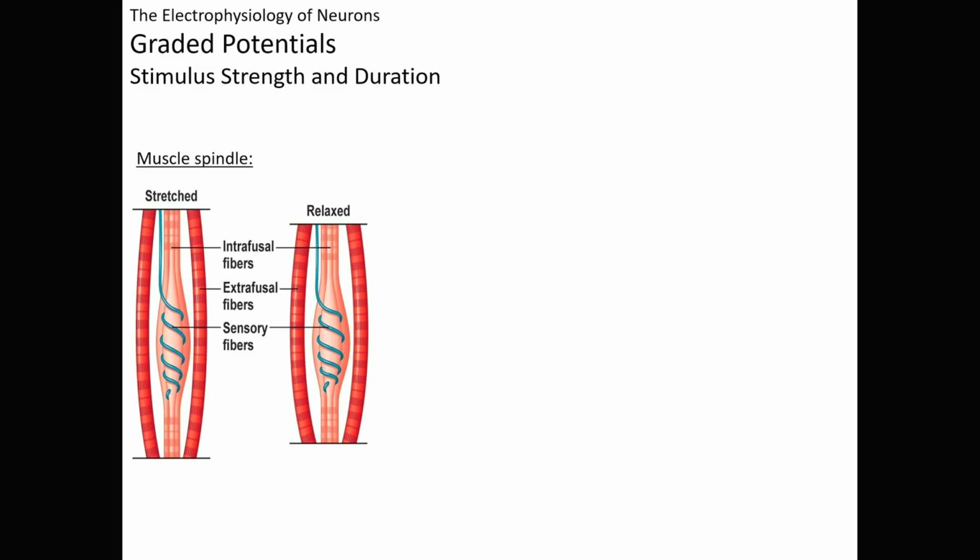The basic idea is that as the muscle gets stretched out, the intrafusal fibers get stretched out, and the more stretched out they are, the more they release neurotransmitters, which stimulate the sensory fibers, and those sensory fibers relay that stretch information back to your brain. Ultimately your brain is able to keep track of how stretched out your muscles are.